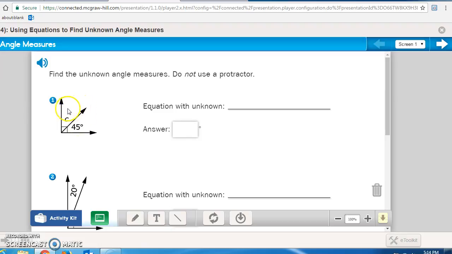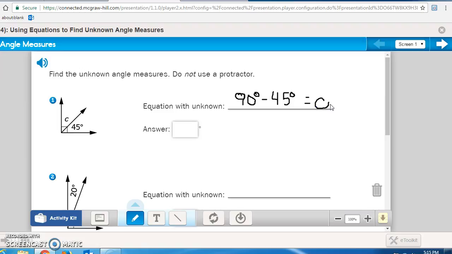So how can I figure out what this angle measures? Well, my equation with my unknown would look like this: 90 degrees, which I know is what a right angle measures, minus the 45 degrees that it also stated, will equal the unknown measurement, which is C.